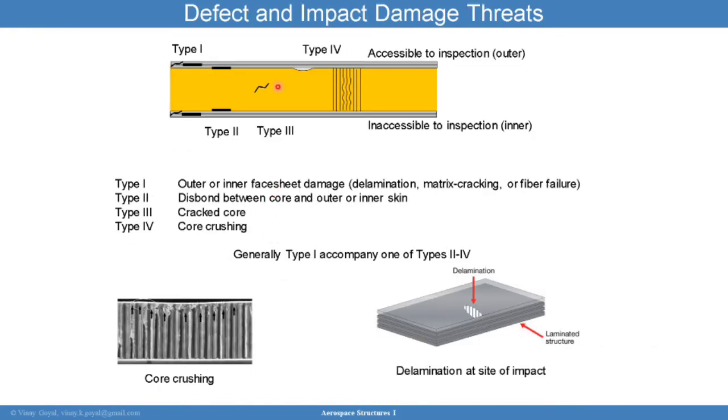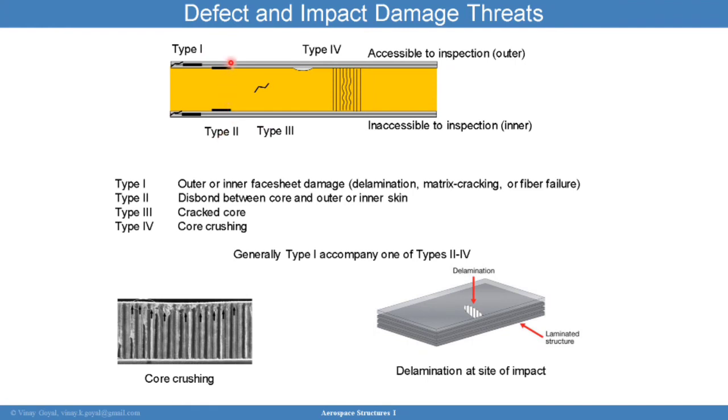Here's an example of the kinds of failure modes you can have in sandwich structures. Here's a type 1 damage, where it's a local damage. The face sheet is damaged, so you have delaminations, matrix cracking, or fiber failure, but nothing has happened to the core. A type 2 damage approach, and this came from a book, is to look at the disbond between the core and the outer skin.